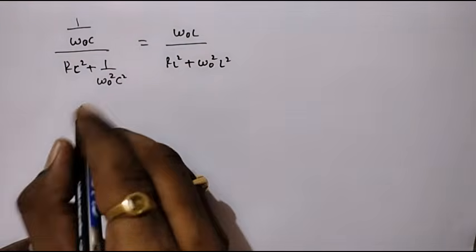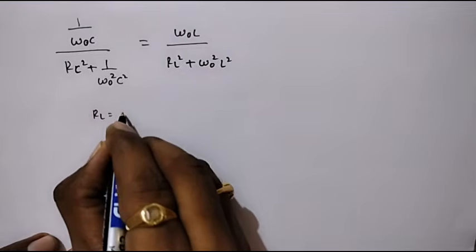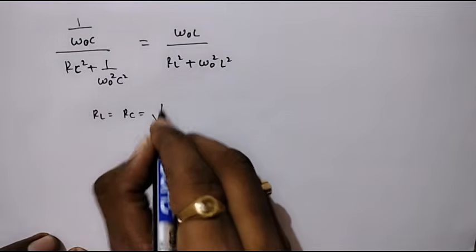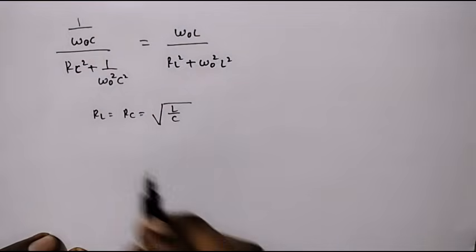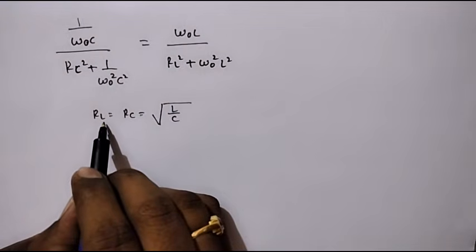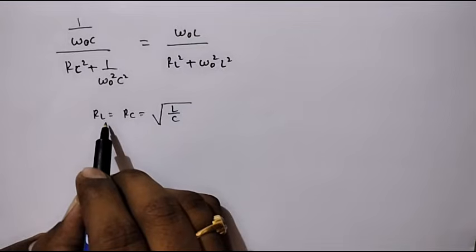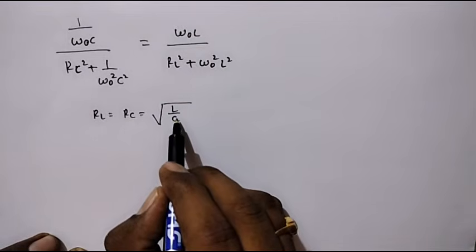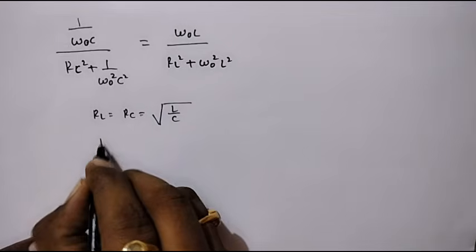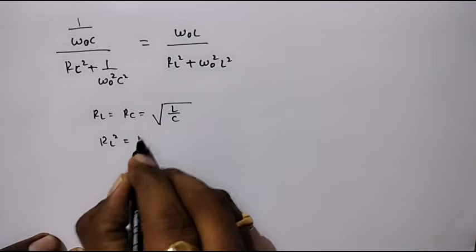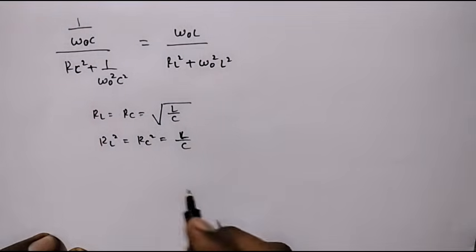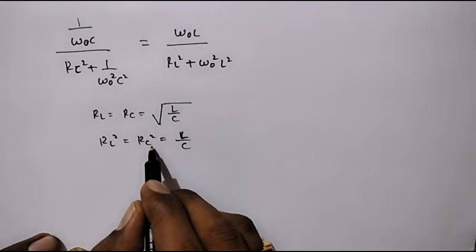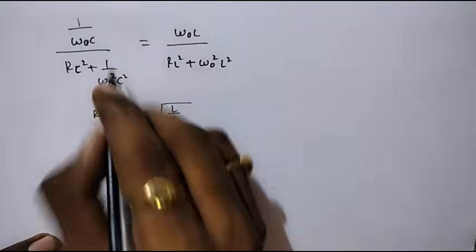Now the given condition is RL is equal to RC is equal to under root L by C. Now we'll substitute the value of RL and RC as under root L by C. So we can write RL square is equal to RC square is equal to L by C. So I will substitute the RL square and RC square values as L by C in this equation.